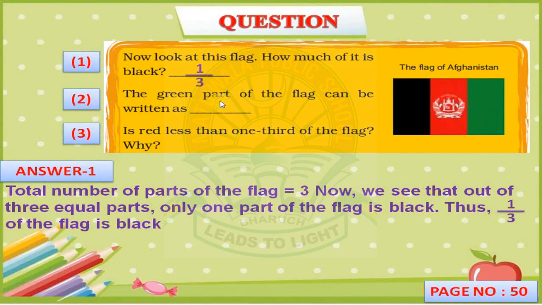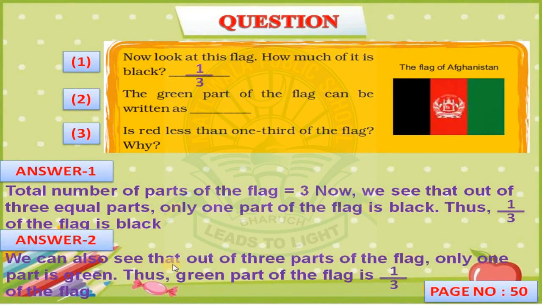Now the green part of the flag can be written as 1/3. Okay, the answer is the same. We can also see that out of 3 parts of the flag, only one part is green.